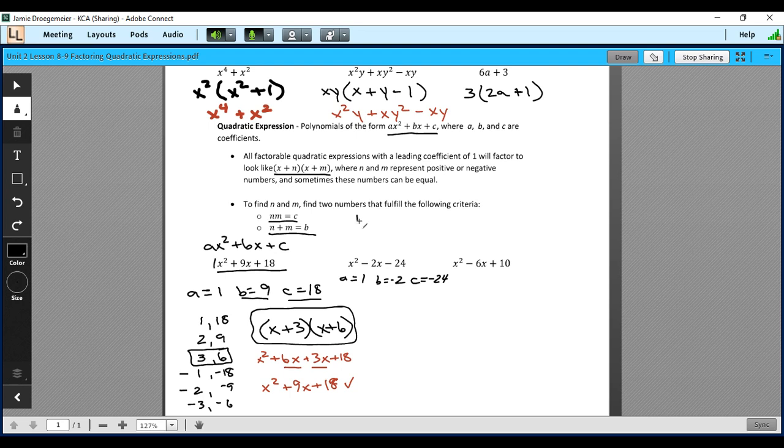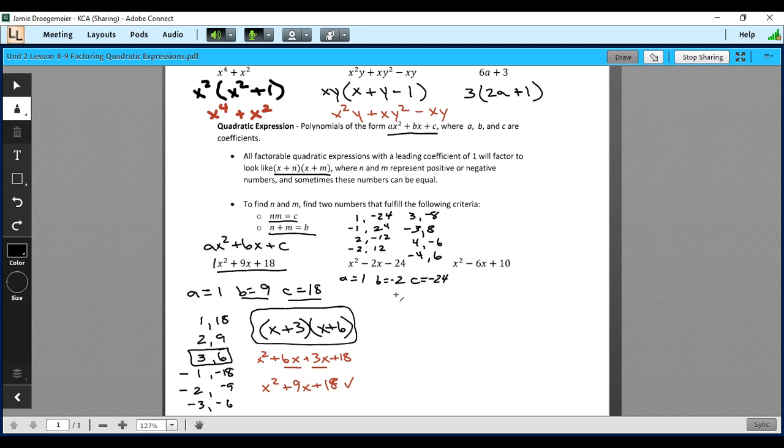Well, I could have 1 and -24, -1 and 24, 2 and -12, -2 and 12, 3 and -8, -3 and 8, and then 4 and -6, -4 and 6. Those are all of the integers, so positive or negative whole numbers, that I can multiply together that would give me -24.